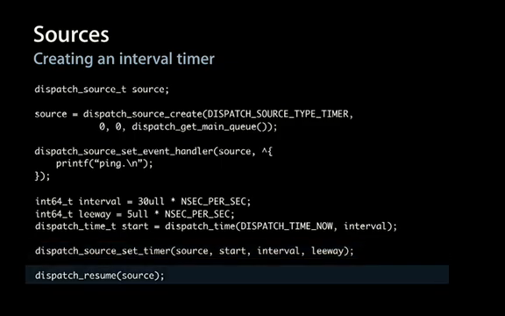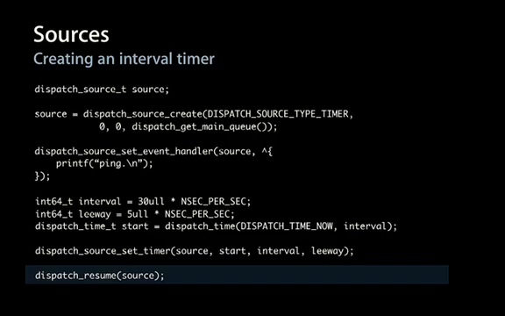And this last line is also very important. It's dispatch resume. All event sources start off suspended by default. So just like when you call create and you have a reference count of 1 and you need to release it when you're done, when you call dispatch source create, you have a suspend count of 1 on your source, and you need to resume it in order to start getting activity from the event source.